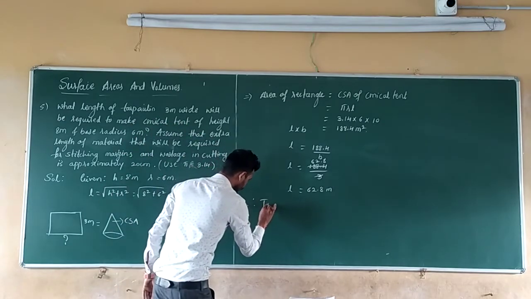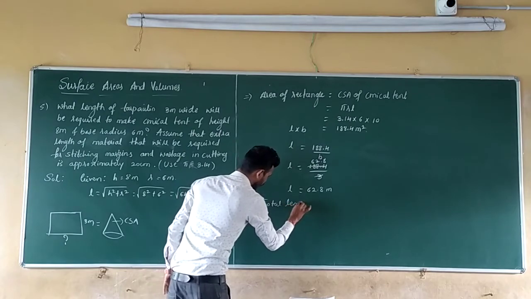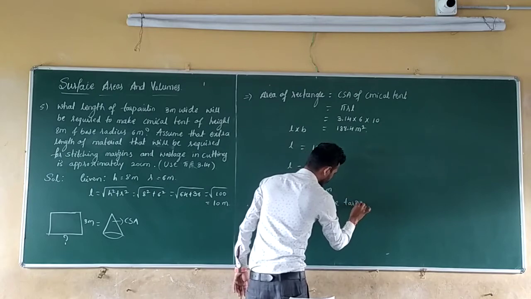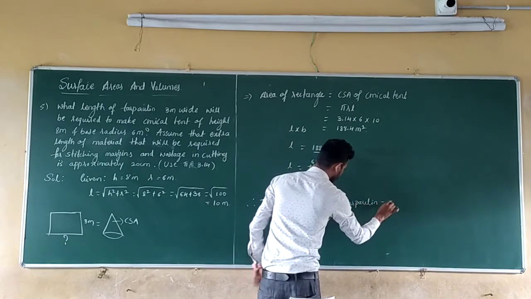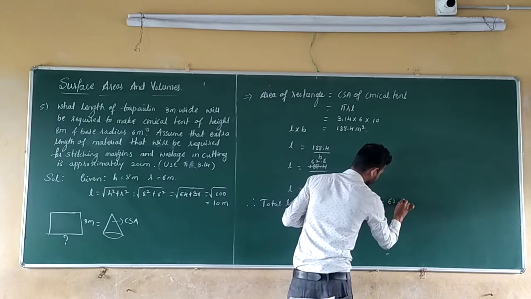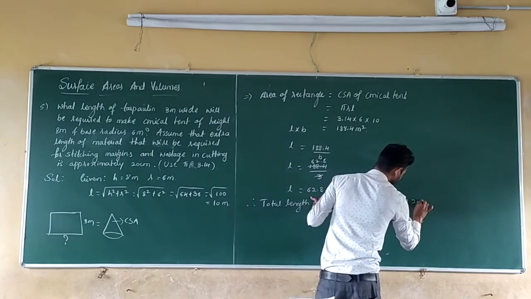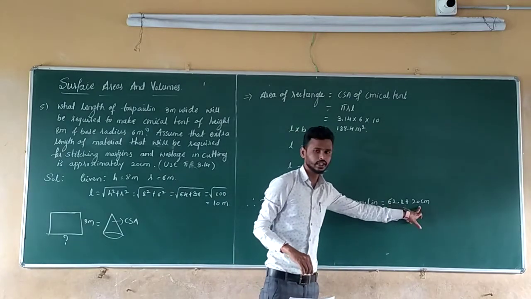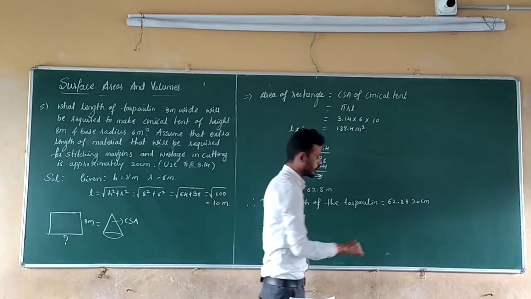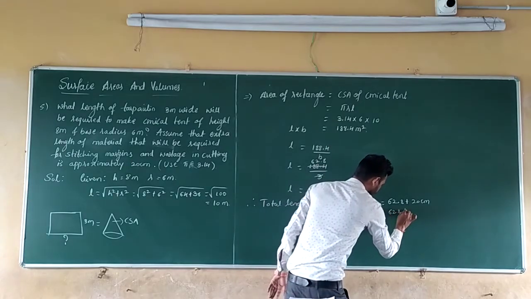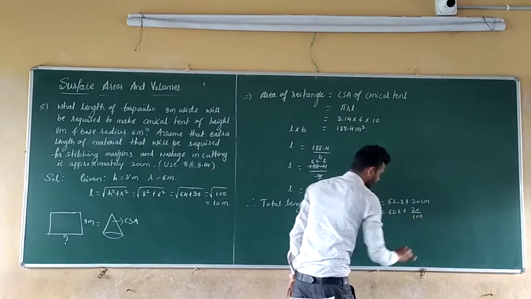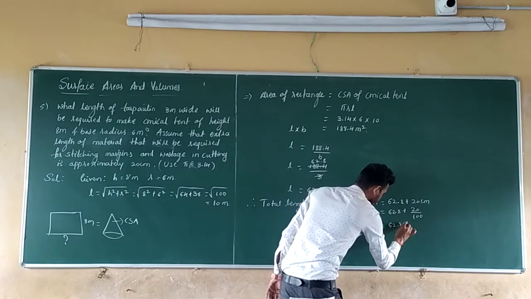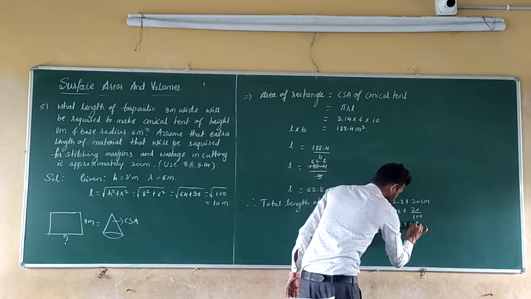Therefore, total length of the tarpaulin equals 62.8 plus, in terms of meter, 20 divided by 100. So 62.8 plus 20 by 100, which means 0.2.